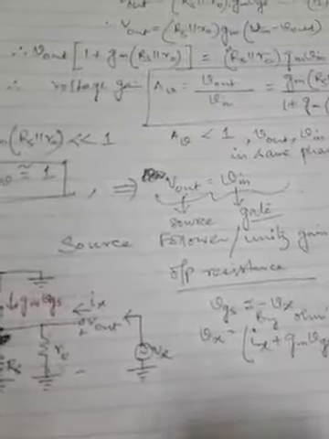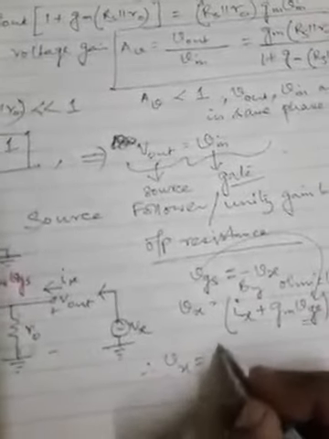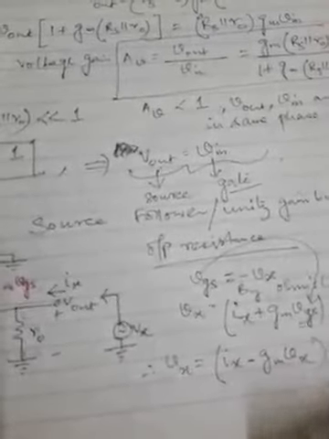If we substitute Vgs as minus Vx, we can write Vx is equal to Ix minus gm Vx, whole into Ro parallel with Rs.